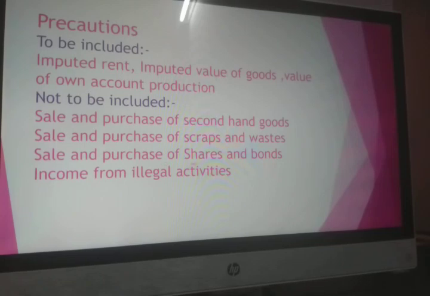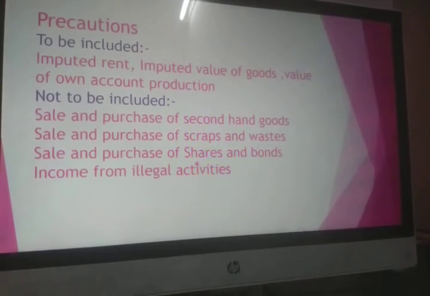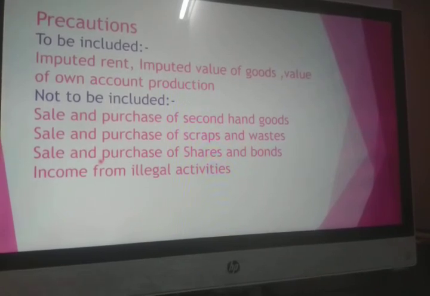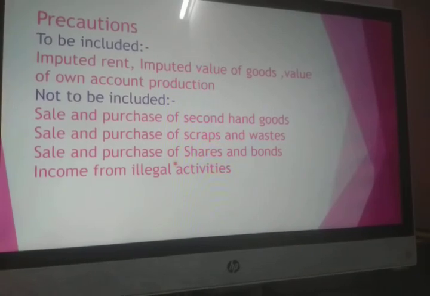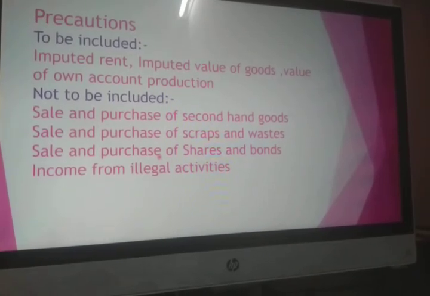The sale and purchase of shares and bonds will not be included. Why? Because shares and bonds are financial capital against the real capital. And once we are taking the real capital into consideration, then if shares and bonds are added, it is going to lead to double counting. Why?